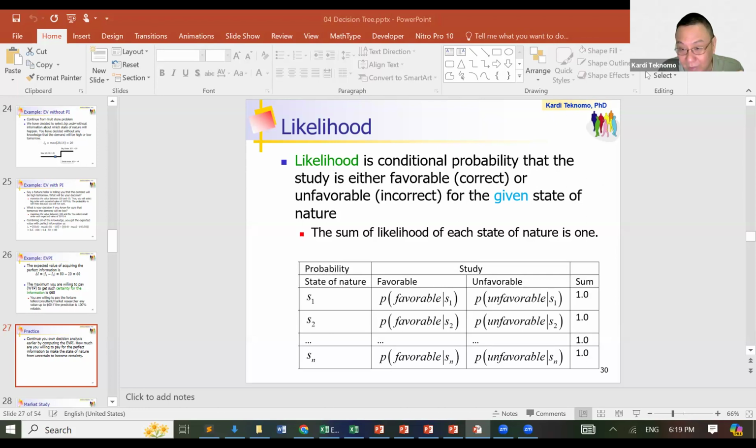This one is given the state of nature is S1 and the market study is unfavorable, incorrect. Of course, the sum must be 1, right? Okay, and so on. So this conditional probability is called likelihood.